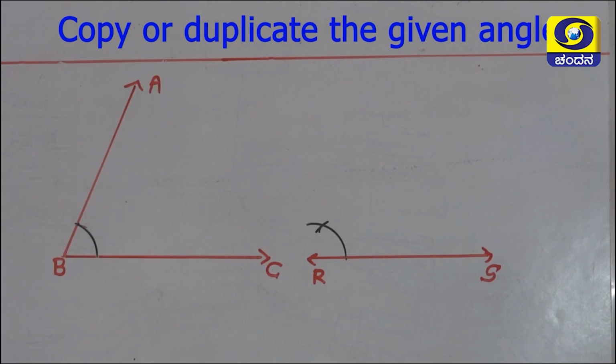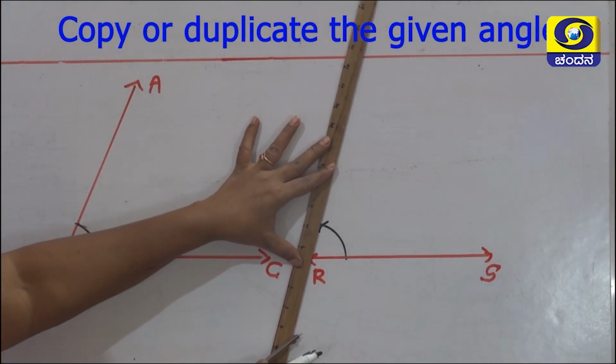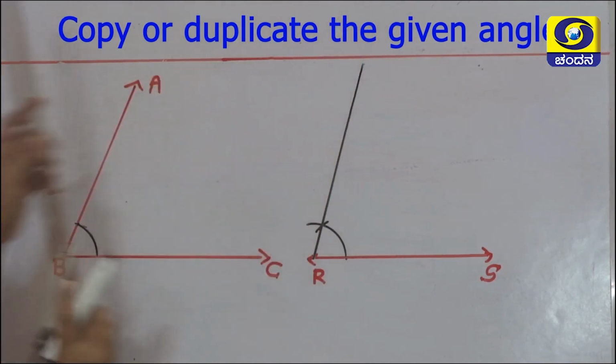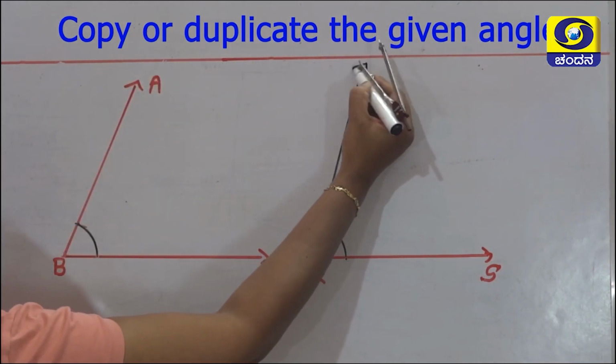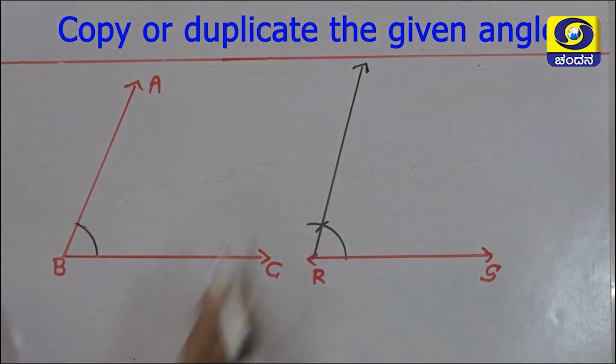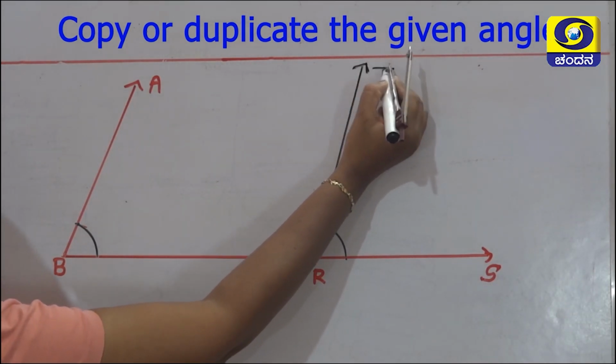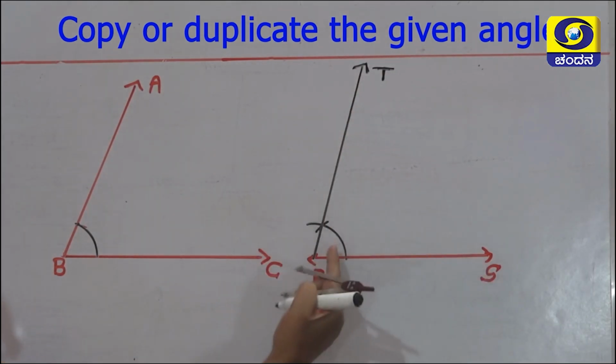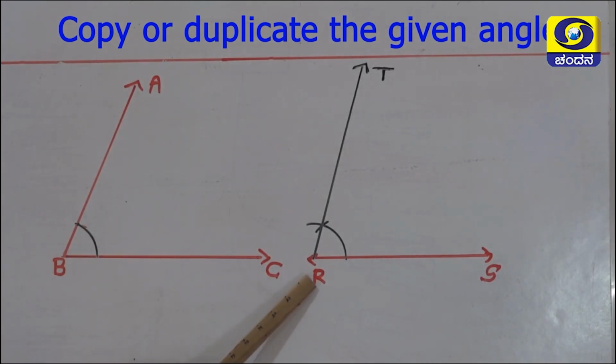Now our work is to draw a line passing through this point of intersection of the two arcs. Let me draw a line here. Let us name this point as T. Now angle TRS is the angle created at point R, copied from the angle created at B.